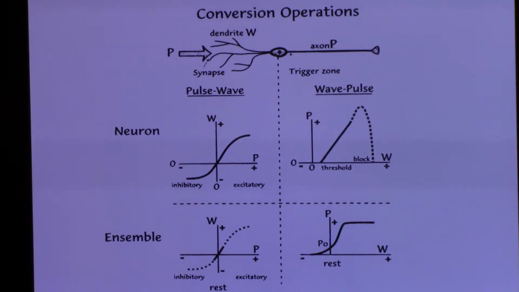The pulse level is reflected by a firing rate, and the wave pattern is represented by a membrane potential.